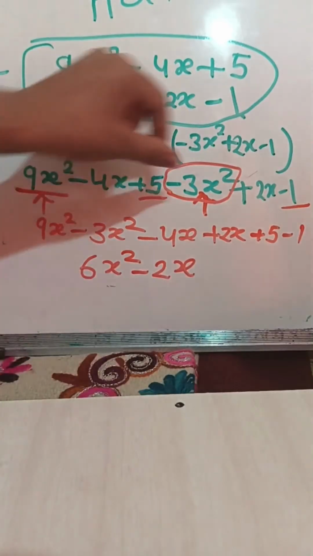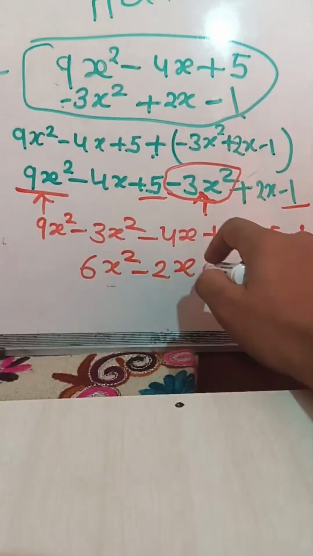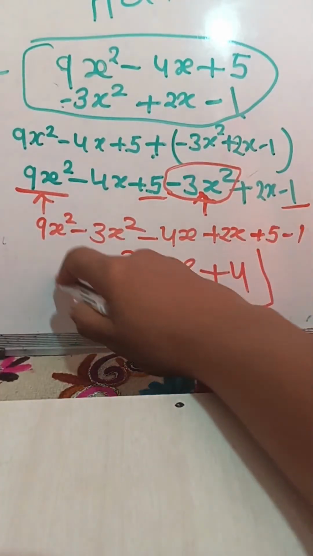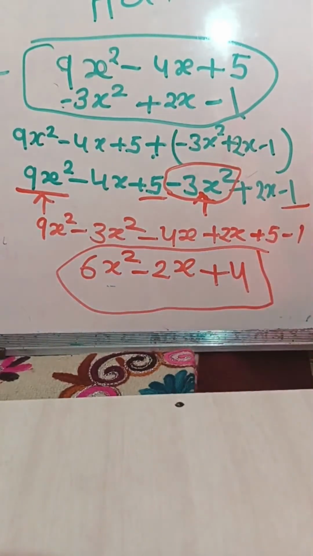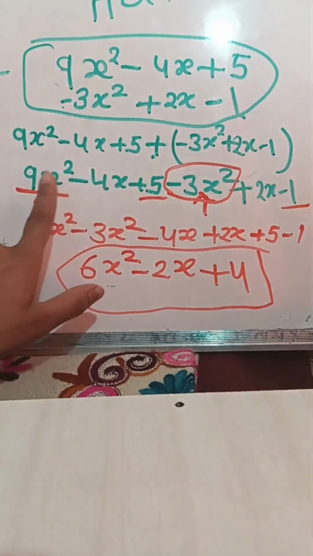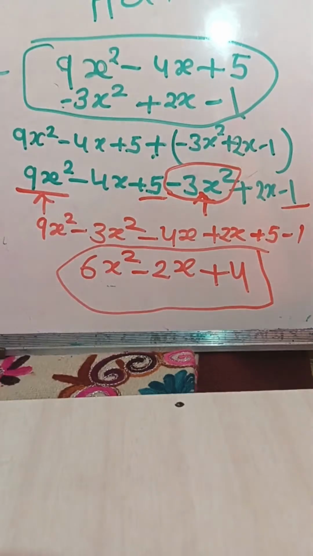Plus 5 minus 1, that is 4. Here is our answer. We have to add these two expressions. First we write both expressions and add a plus sign. Then we write like terms together and then solve this question.